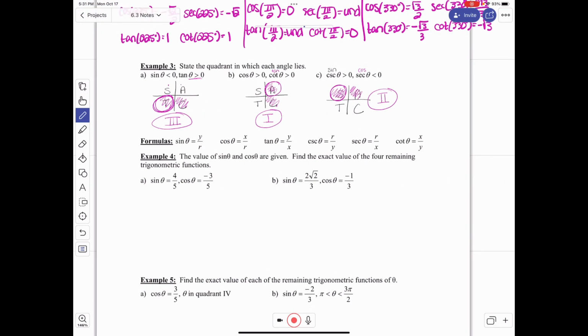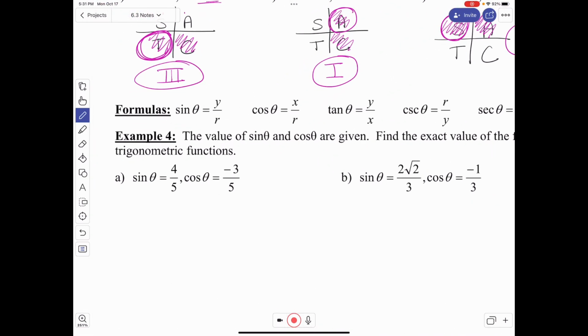Okay, so back to doing this. You're given sine and cosine, find the exact value of the other four. If this is sine, that means this is y, this is r. If this is cosine, this is x, this is r. Now, if sine is positive and cosine is negative, that means you're in quadrant 2. I don't necessarily like to worry about the x being negative.